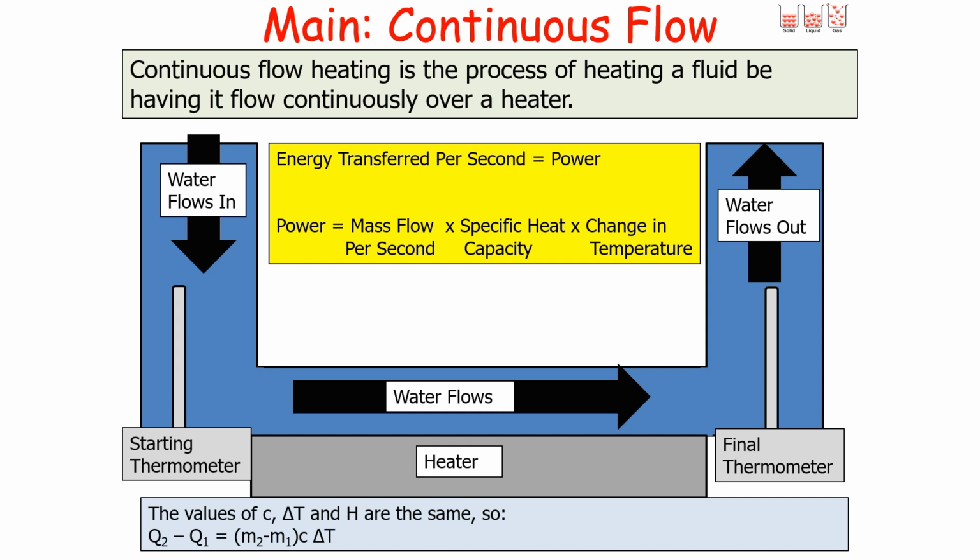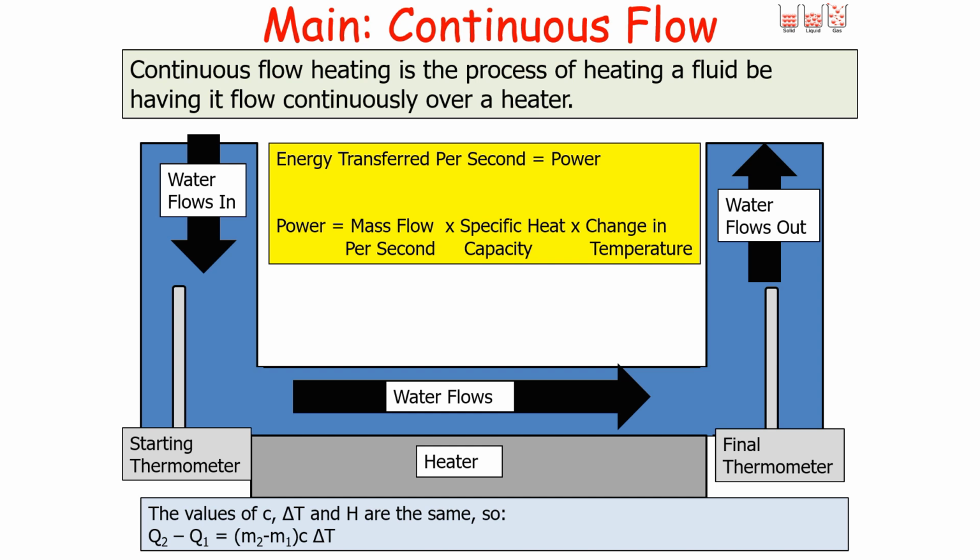We assume H is the same, hopefully 0. And ΔT is the same because we've changed our experiment to ensure that ΔT remains constant. So we can say Q2 − Q1 = (M2 − M1)cΔT.